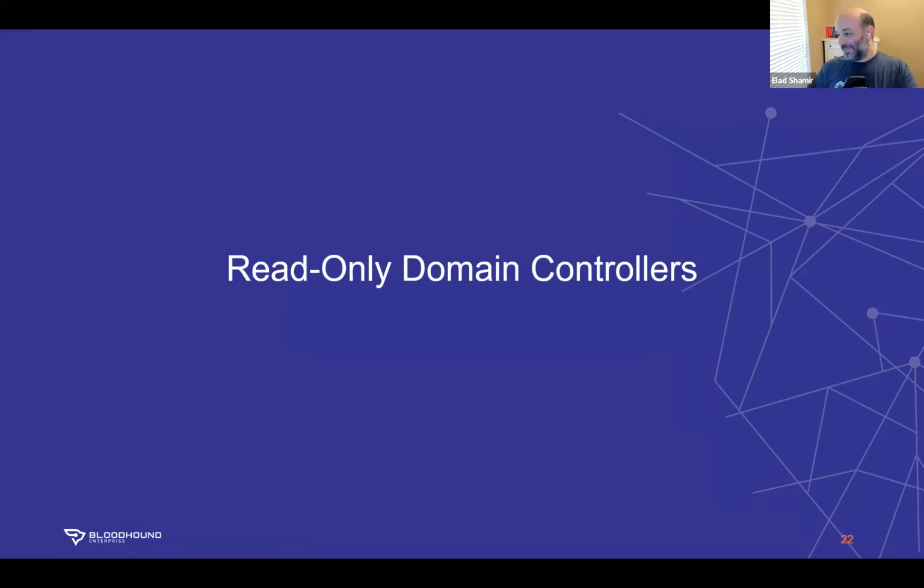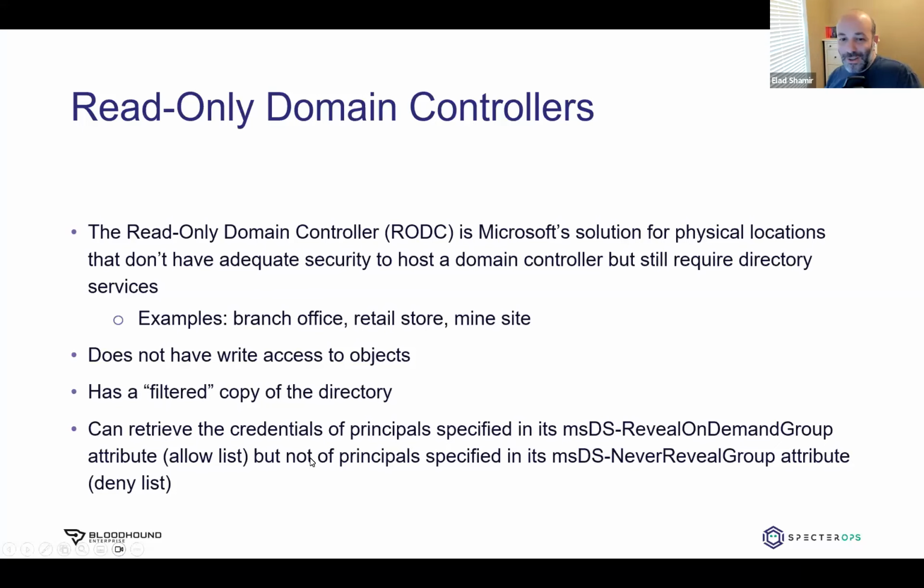All right. So read-only domain controllers. I'll take over this topic. I've done a bit of research on that earlier this year, so it's close to my heart. I don't think we really need to explain why domain controllers in general are so sensitive and must be protected accordingly. And that means physical security as well.